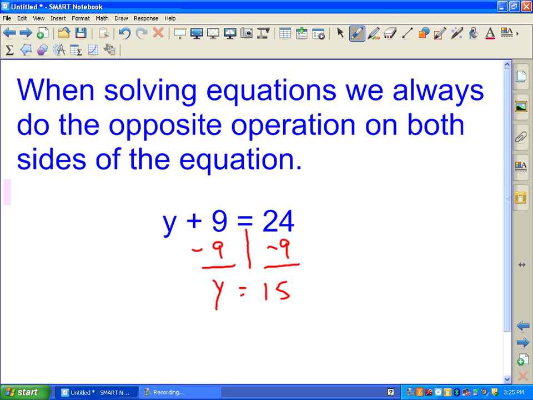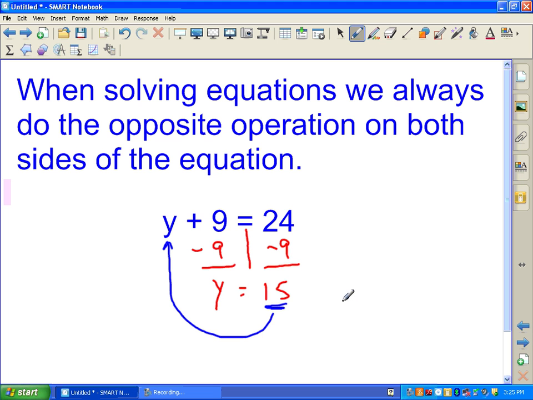Okay? And so this is the work that needs to be done every time we solve an equation. Now, the other thing I need to do is check this. In order to check this, I'm going to take my answer, the 15, and I'm going to plug it back into this equation where the y is.